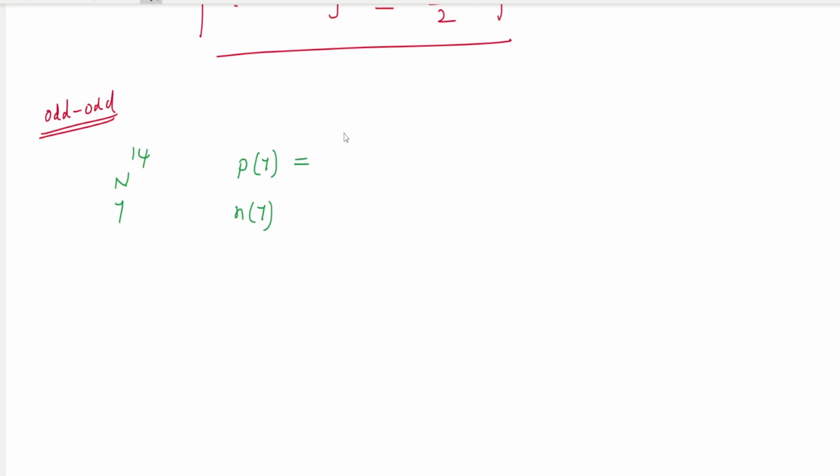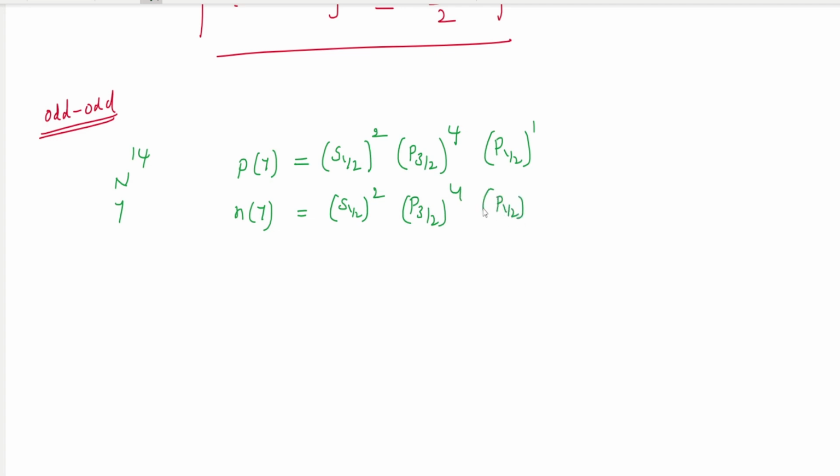If you try to fill the energy levels, the first state is S1/2 with 2, then P3/2 with 4, making 6, and then P1/2 with the 7th. This is also S1/2 squared, P3/2.